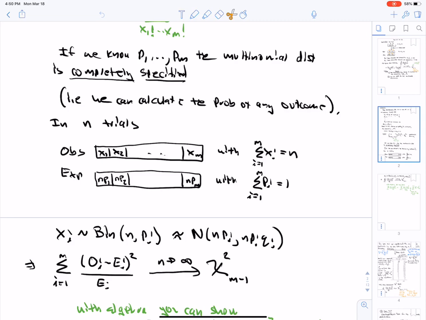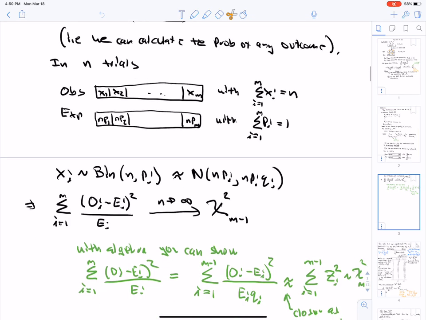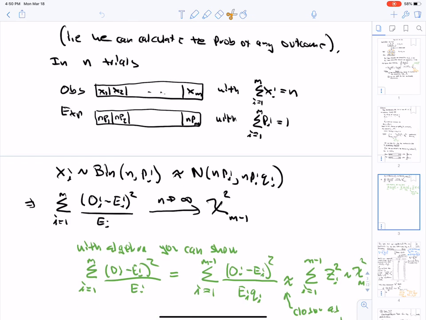So we have n trials, so we get observed and expected counts here, and since each xi is binomial npi, which is approximately normal npi and piqi, this sum will be approximately a sum of m minus 1 standard normals.